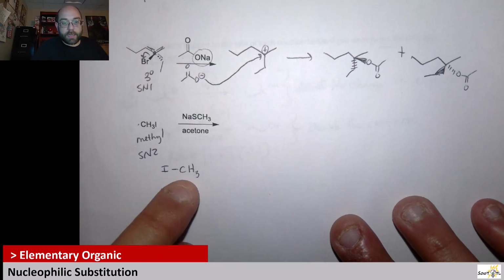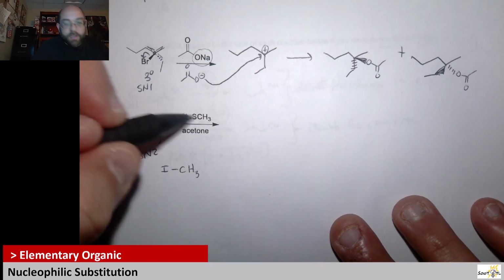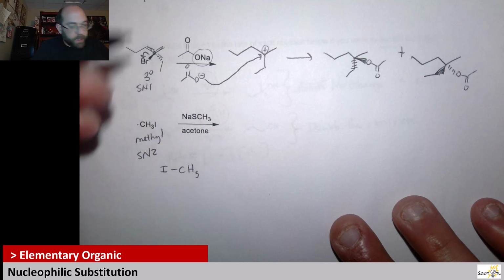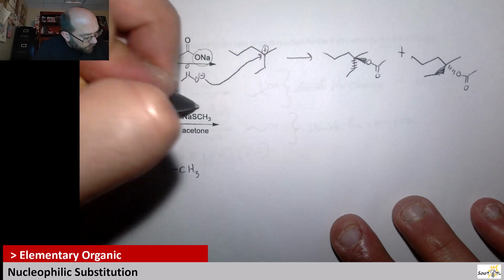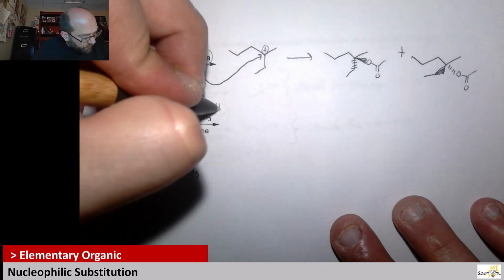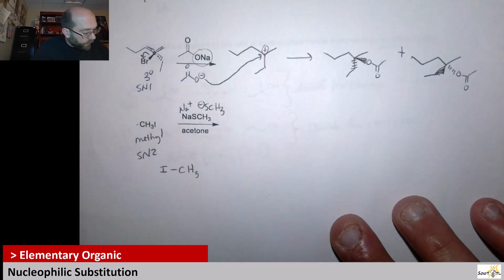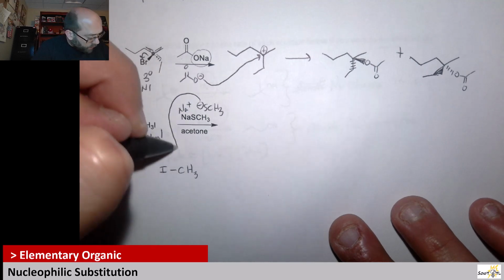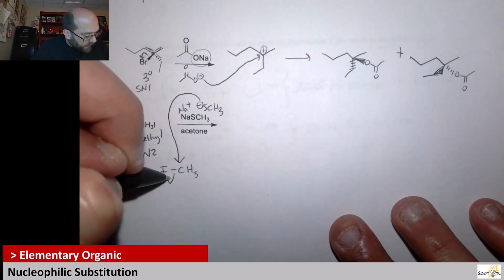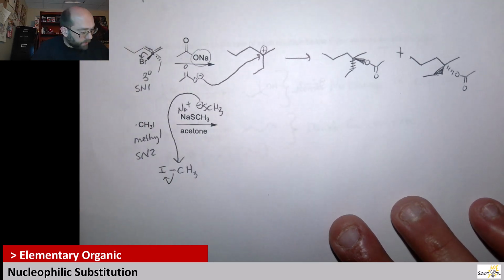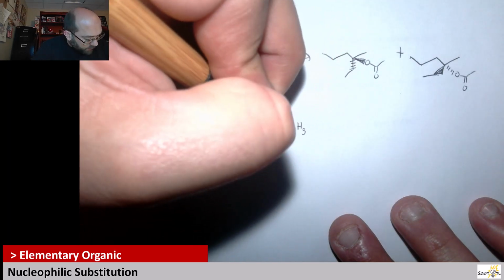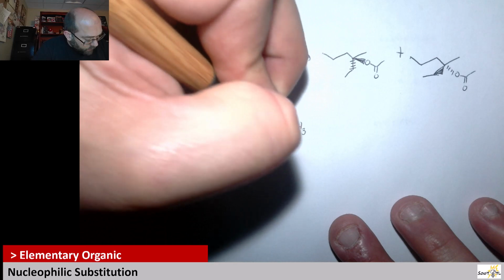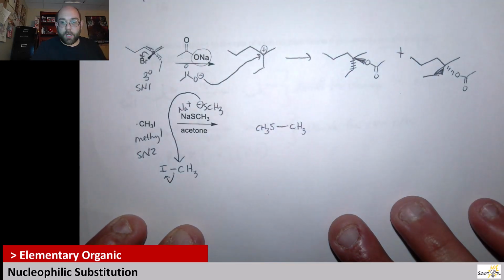It's going to look something like this. And so your nucleophile, yet again, is something that looks ionic, right? What's this going to look like? You have a positive sodium, which means you're going to have a negative sulfur. So your negative sulfur here is going to attack the carbon, kick off the iodide. All right, and of course there's no stereochemistry to consider, so you're just going to have SCH3. Right, you're just going to have that as your product.